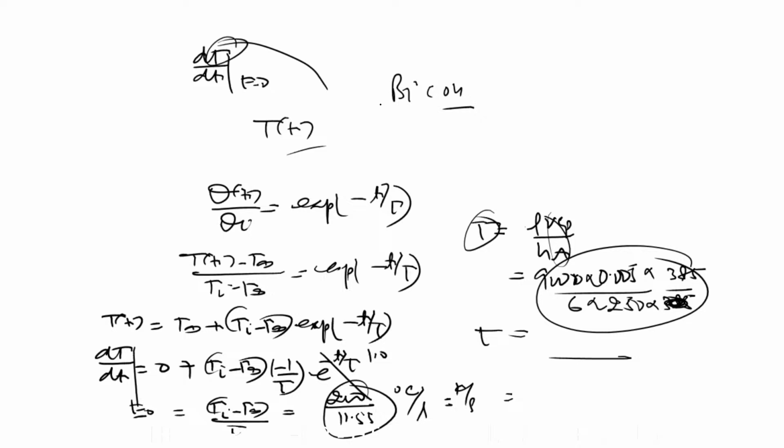So, what I'm saying to you, generally you have to consider Lc as volume by surface area. But if the Biot number is given based on the radius only, then you should only use the radius.